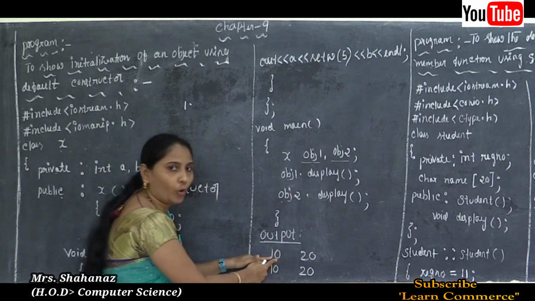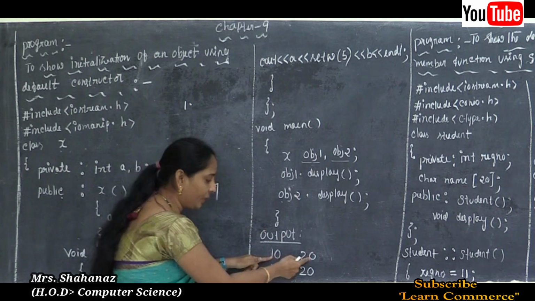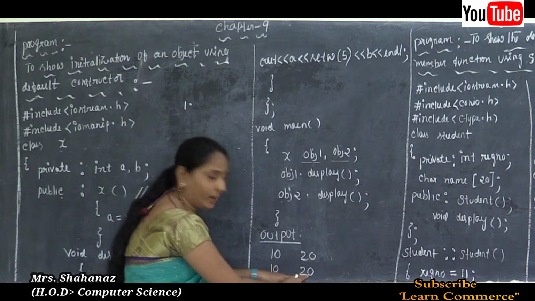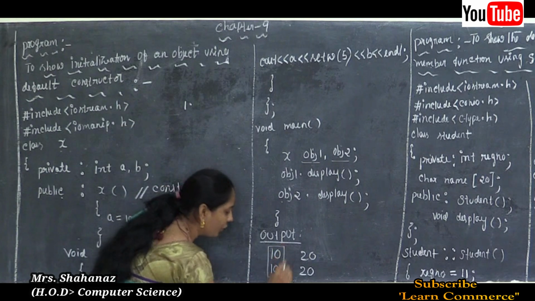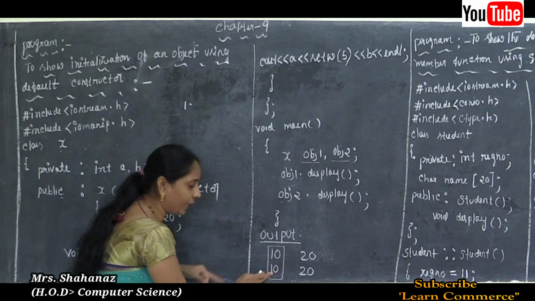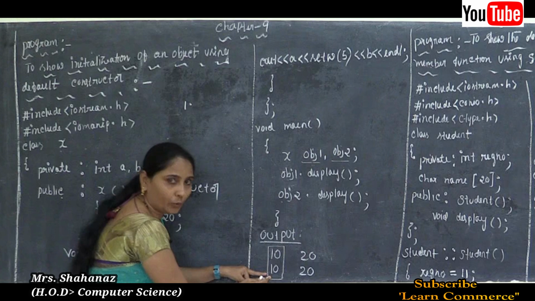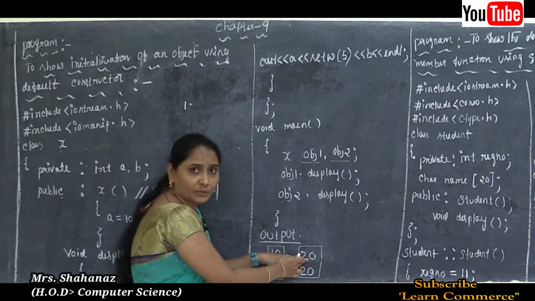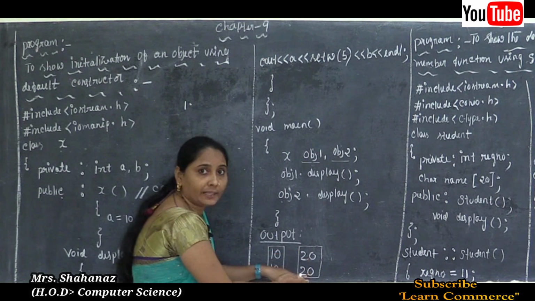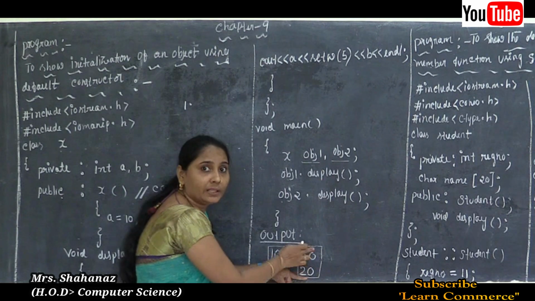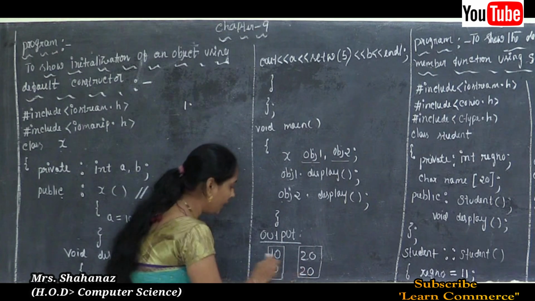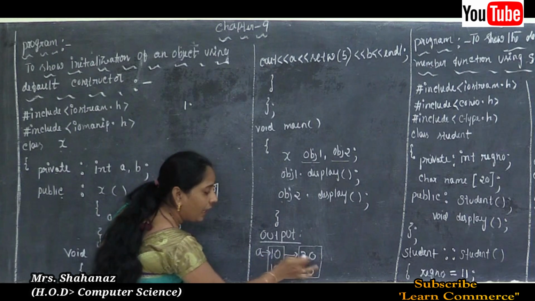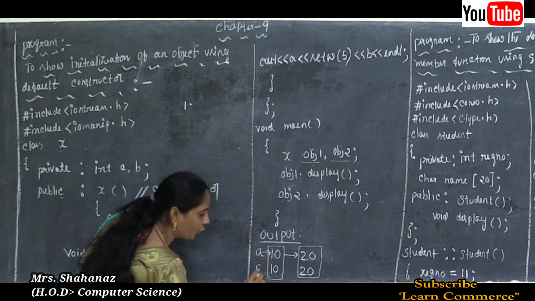So this is obj1, a and b, 10, 20, and obj2, a and b, 10, 20. When you view this, this is the value of a, the obj1 value and the obj2 value, these are the values of our objects obj1 and obj2. Clear? The a and b values here. Both sides the values are 10 and 20, and this one is obj2 a and b.